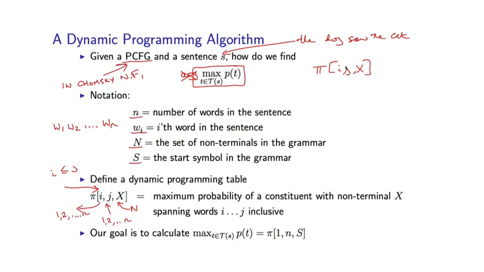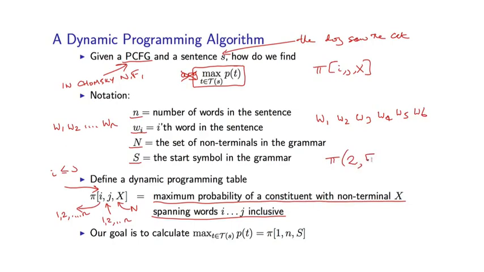I'll give an example in a moment, but let me give the formal definition. This is going to be defined as the maximum probability of a constituent with non-terminal x spanning words i to j inclusive. Say I have some sentence w1, w2, w3, w4, w5, w6, and I look at pi of 2, 5, NP. What does that correspond to?